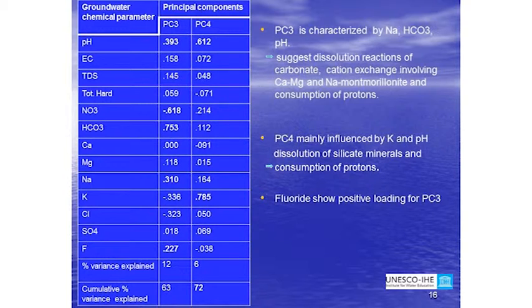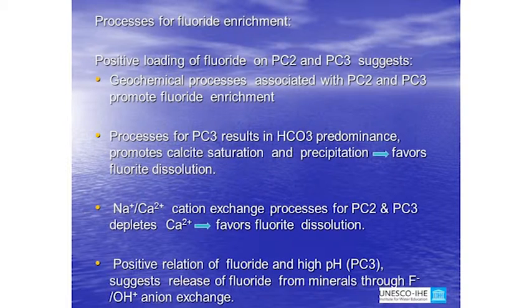Now, what is also interesting here is that fluoride shows a positive loading for principal component number 3. Based upon the positive loading of fluoride for principal component number 2 and number 3, it makes it possible to have an insight or an indication as to what processes are happening in the groundwater system that is giving rise to the fluoride enrichment.